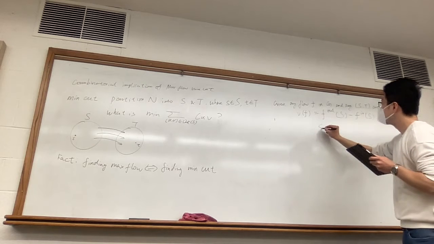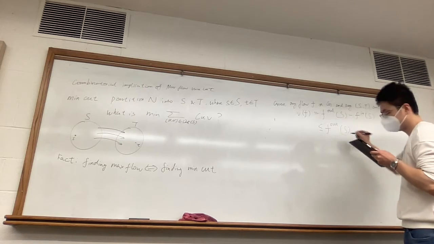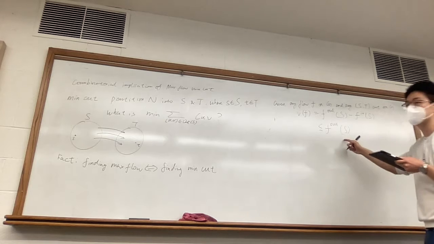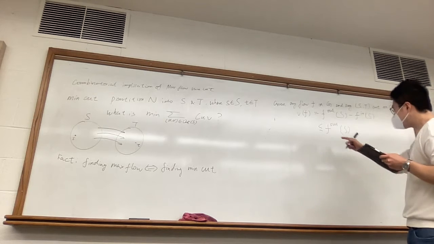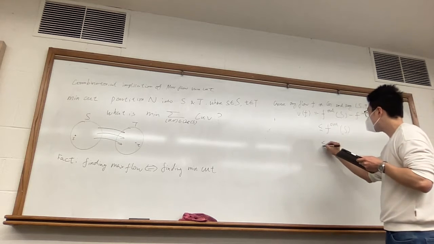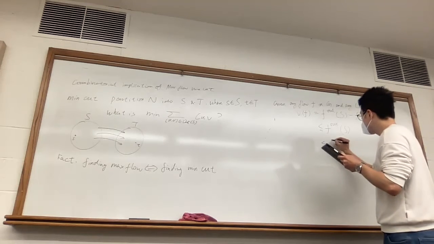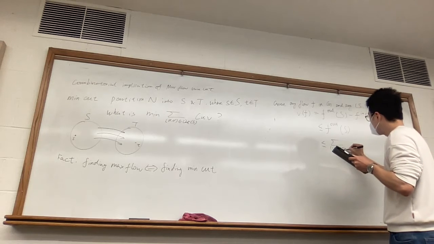So definitely this is less than or equal to the flow that goes out of S. This inequality is very straightforward. And the flow that goes out of S is also less than or equal to the sum over (u,v) in E with u in S and v in T of c_uv.